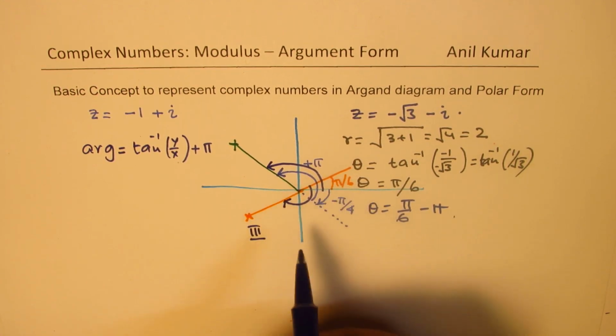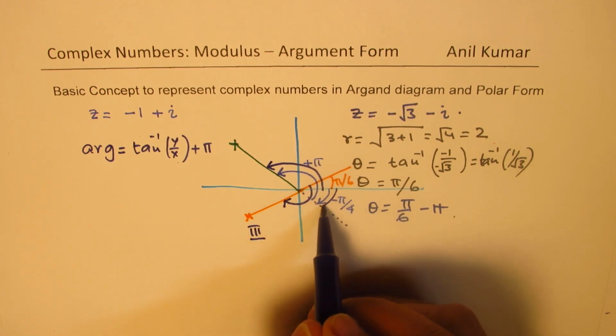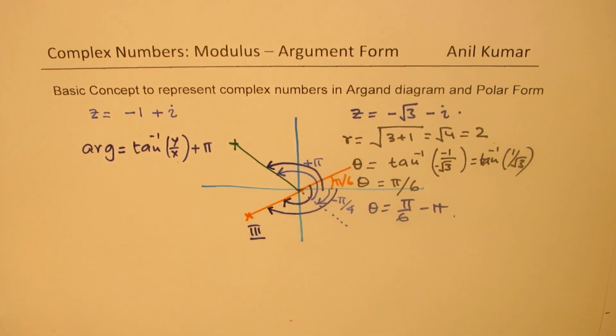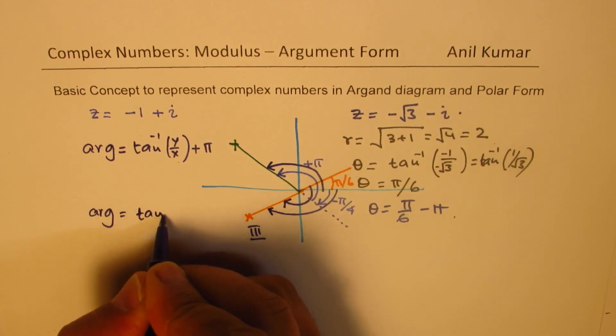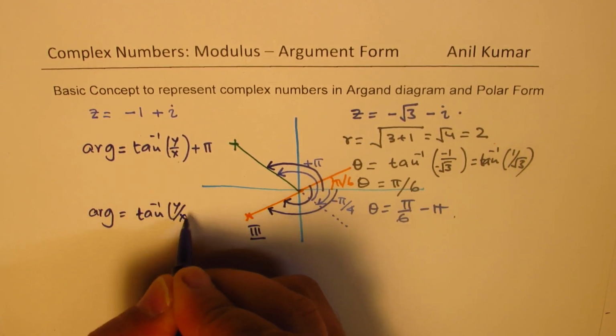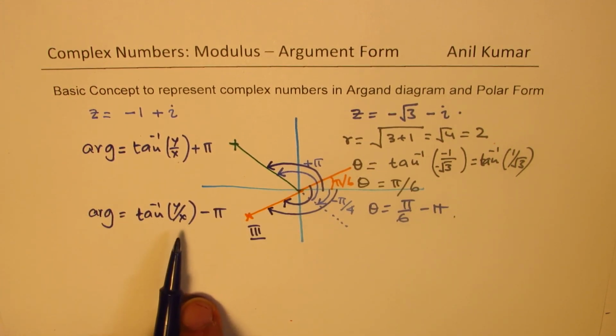Correct? So from pi by 6, when you take away pi, you get your actual angle, which is this. Right? So when you are in quadrant 3, then the argument will be tan inverse y by x minus pi. Now that's a very important thing to remember, right?